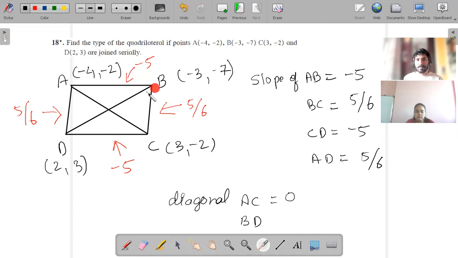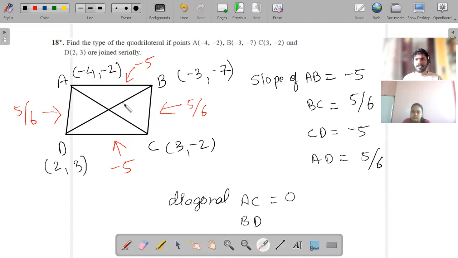That means AB and DC slopes are equal. So these lines are parallel to each other. Similarly, AD and BC have the same slopes, so they are also parallel to each other. So if you note one thing, in this quadrilateral, opposite sides are parallel to each other.